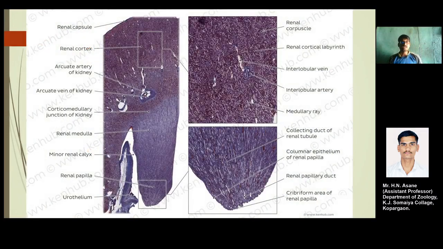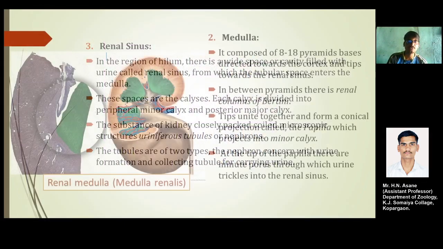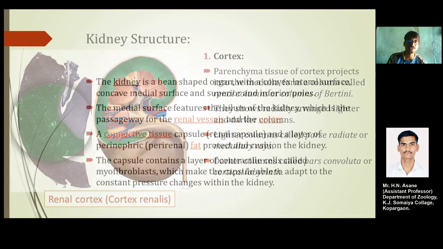then this will be the TS of the, sorry, the medulla and the cortex together. So the renal capsule, as I said, just consider this will be the TS, and you have to consider this gross structure.